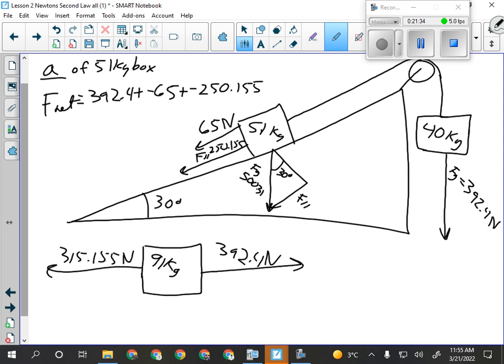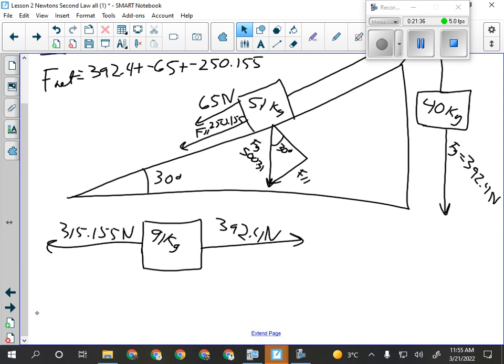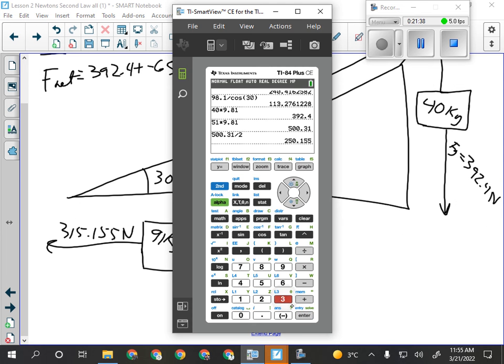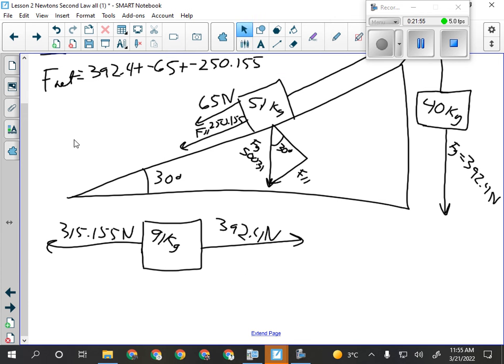Okay? All right, so when I do that, I'll get 392.4 minus 315.155. I put plus, it's supposed to be minus. All right, so my net force is 77.245 newtons. Okay, I want the acceleration of the 51 kilogram mass. What's my next step?